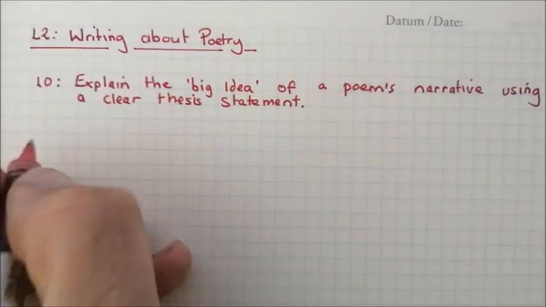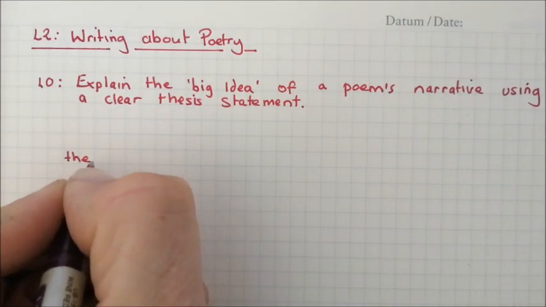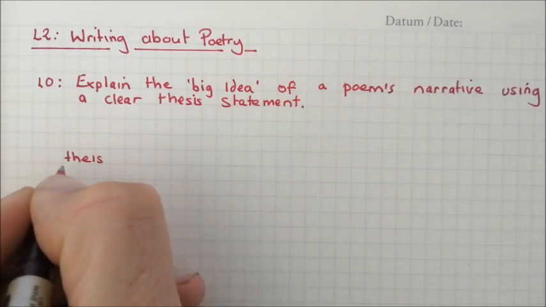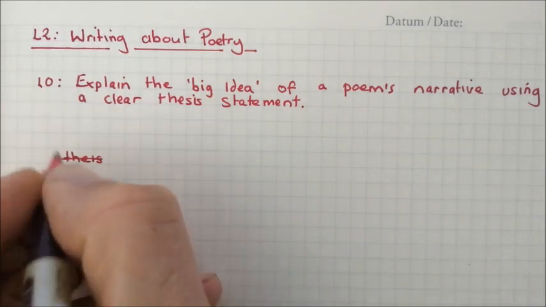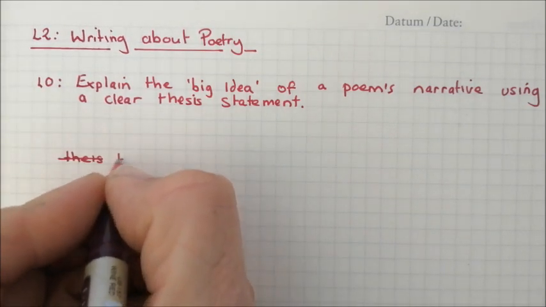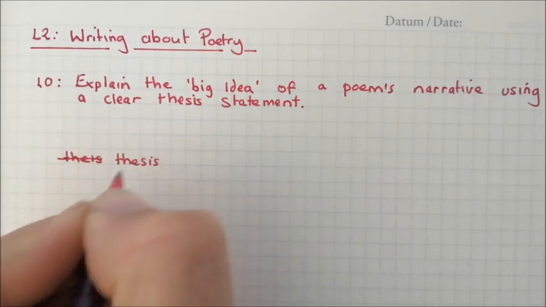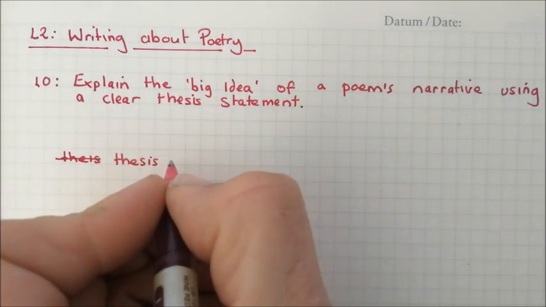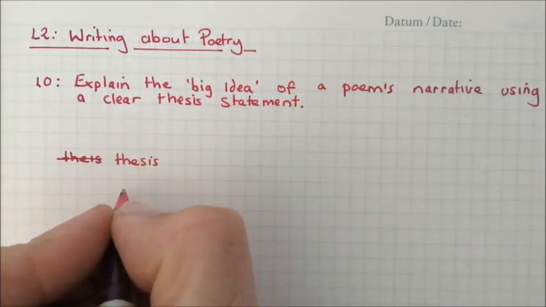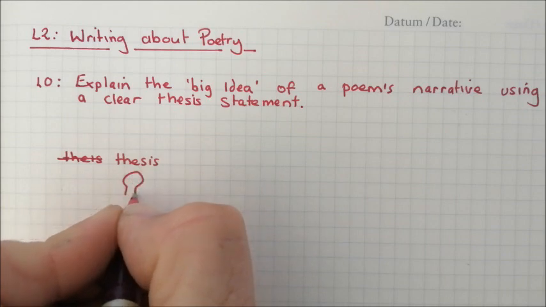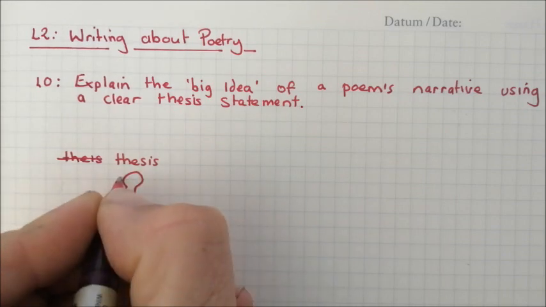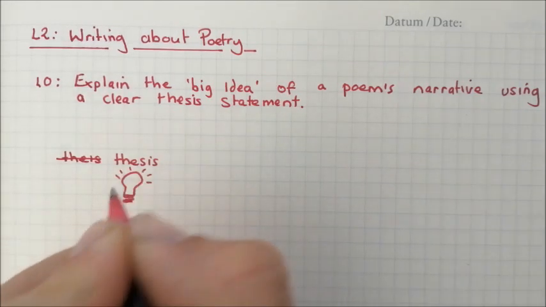So, when we talk about a thesis, we want to spell it correctly for a start. We're talking about the big idea of something. It's your argument. It's your light bulb moment. It's your understanding of the text. Okay?